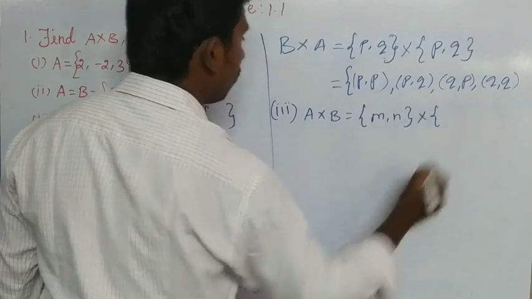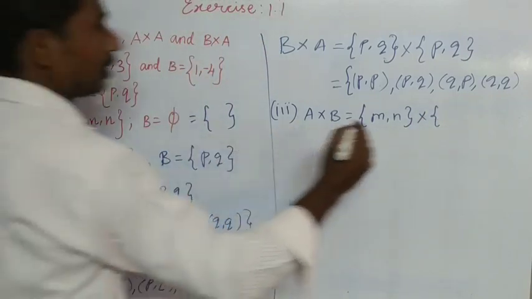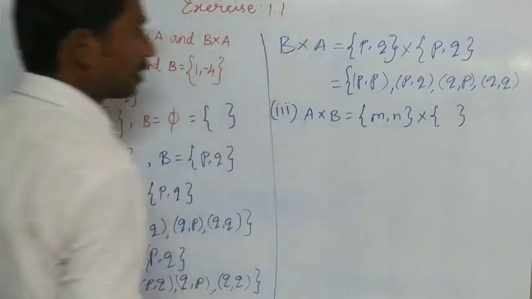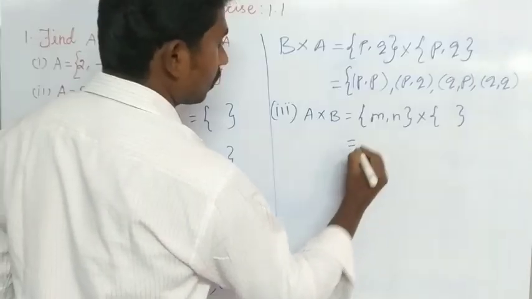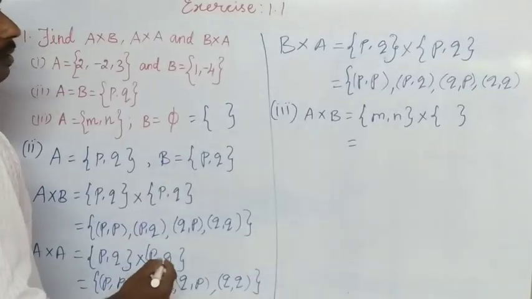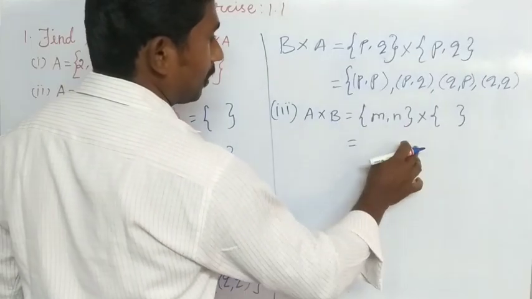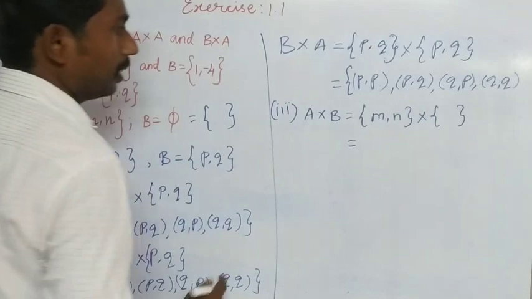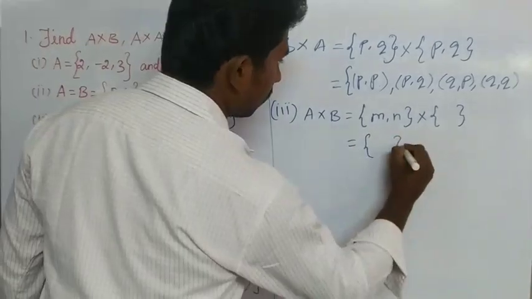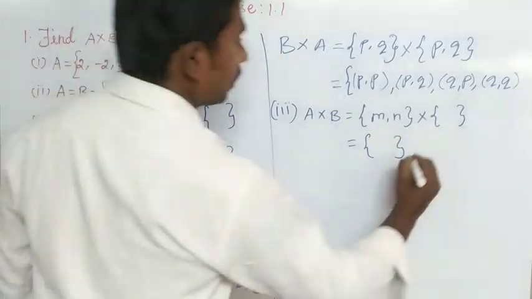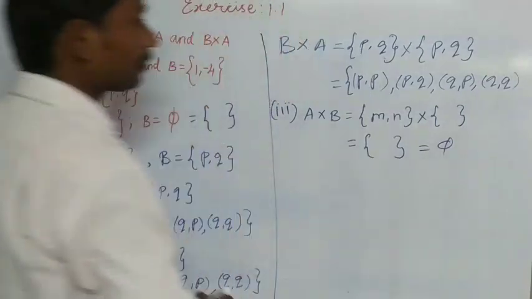Cross elements of B. There is no element in the set B, so it is null set, that empty set or void set. Okay, now you cannot make Cartesian product for A cross B because there is no element in the set B, therefore the answer is null set or empty set.